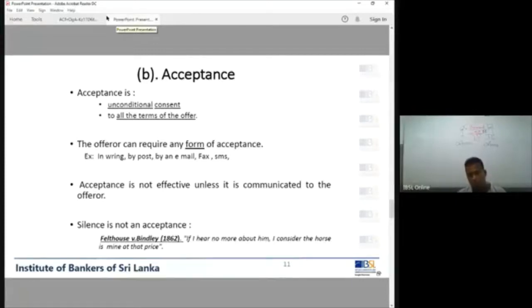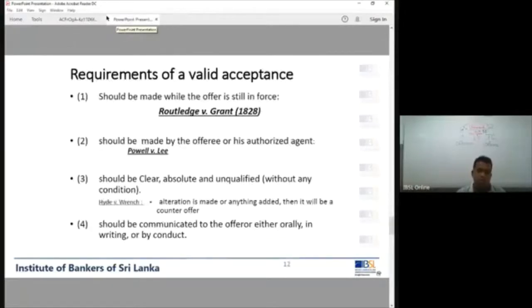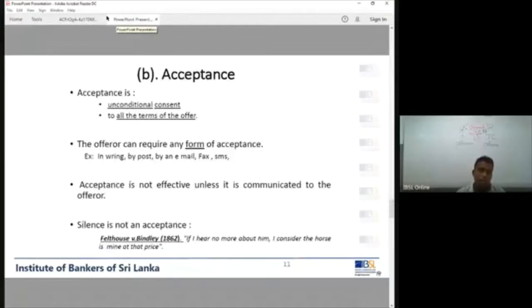Unless it is communicated, the acceptance is not valid. The offeror can decide the mode of communication. If it is not mentioned in the offer, the offeree can decide the mode of communication. So those are some of the legal requirements of an acceptance.